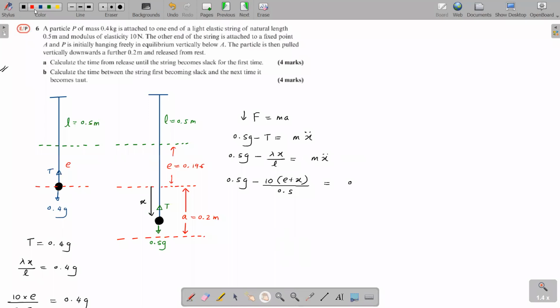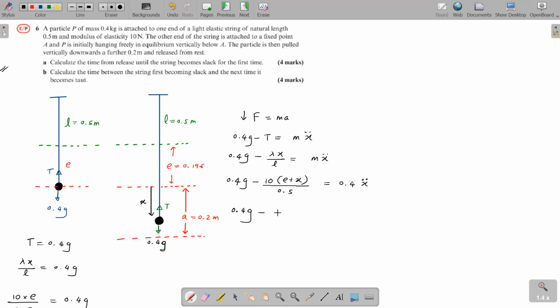I keep using 0.5, why is that? I keep using this 0.4, right? So this is 0.4. I need to fix that. Mass is 0.4 into x double dot. Guys, do you agree?